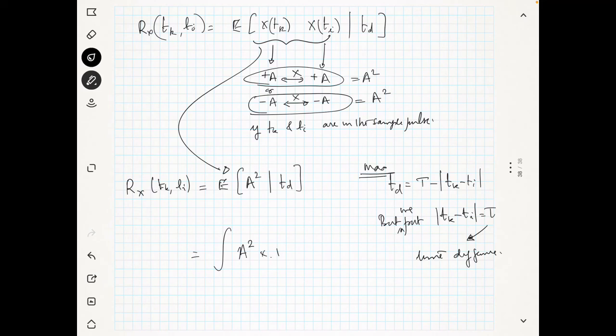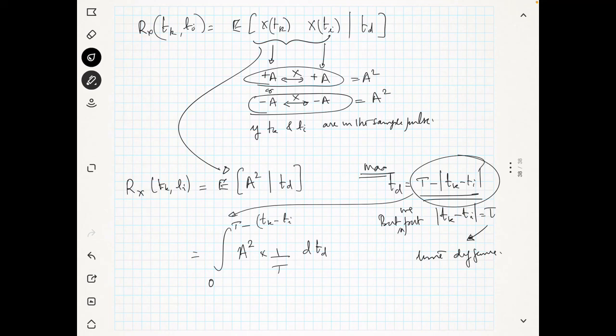Td has a distribution 1 by T. Okay, 1 by T dtd, and td changes from 0 to the maximum value, which is T minus the absolute value of tk minus ti. So we can put this tk minus ti as tau, then Rx of tau will be equal to the integral from 0 to T minus magnitude of tau of A square by T into dtd.